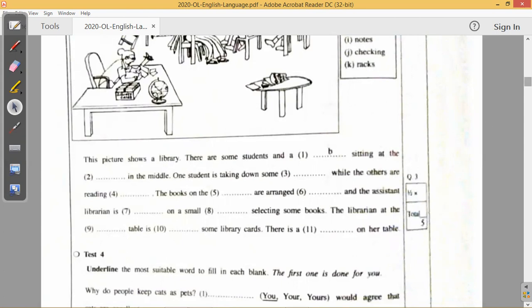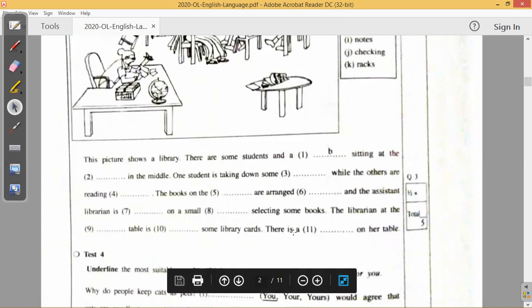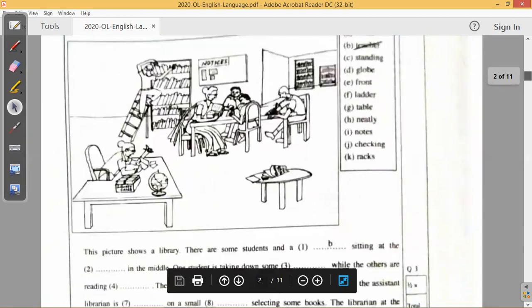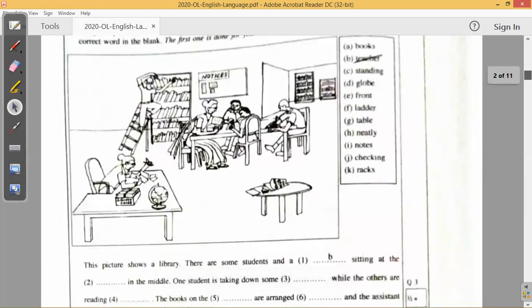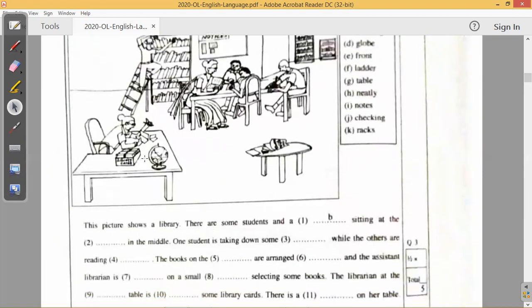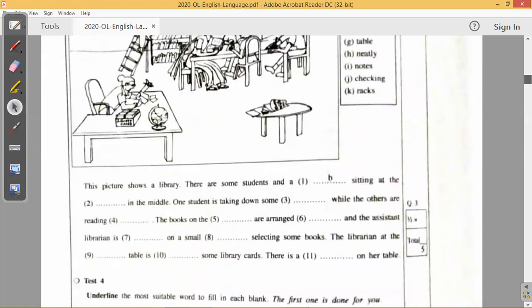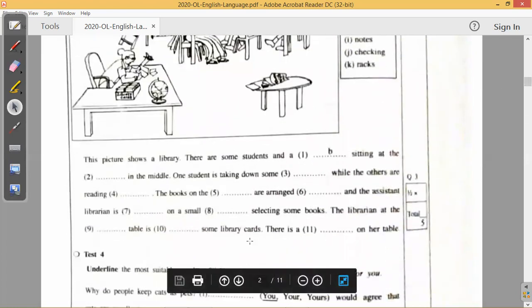Let's see. Now I think the last one is a pretty easy one. I think this is the teacher, right? So what it says is, the librarian at the space is space some library cards.